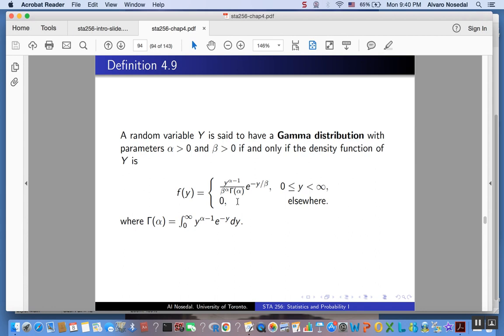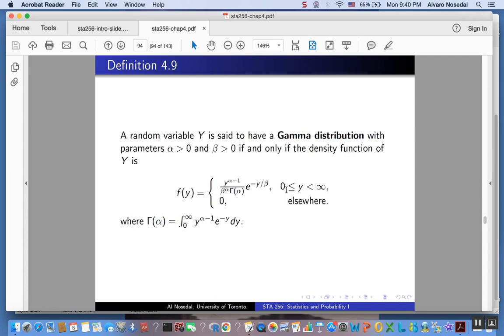But if we had a constant that looked like this with the right numbers, then if you integrate the PDF of a random variable with a gamma distribution from 0 to infinity, you know that it's a legit PDF.